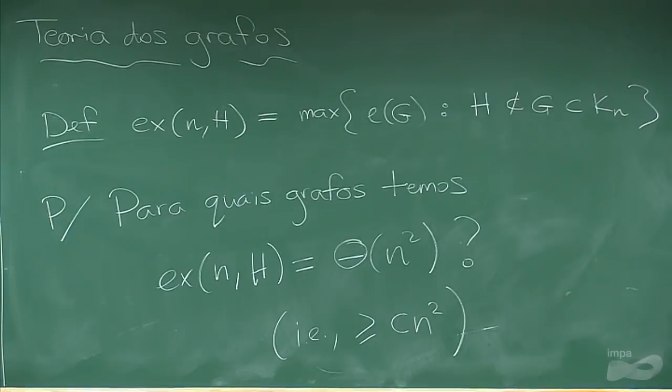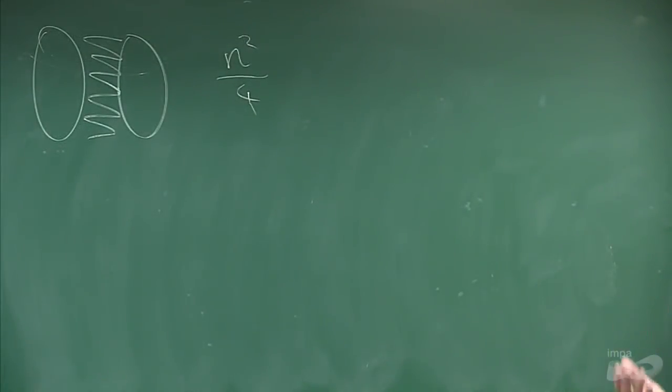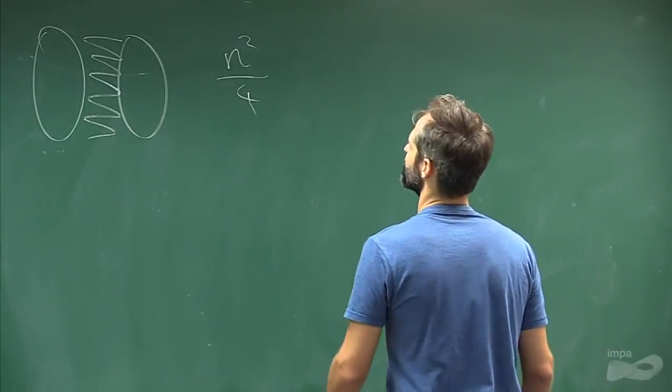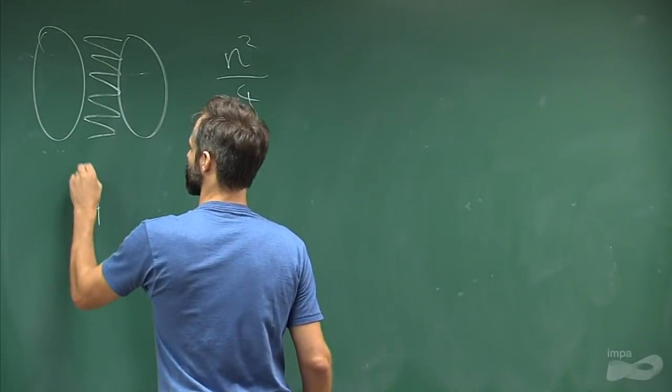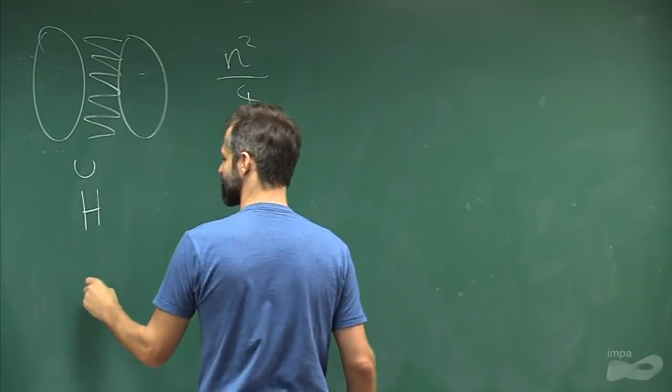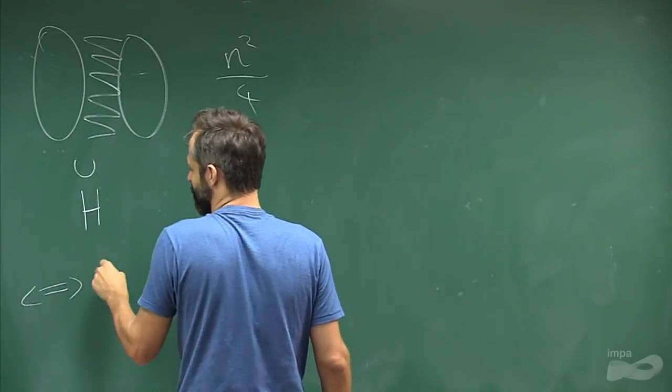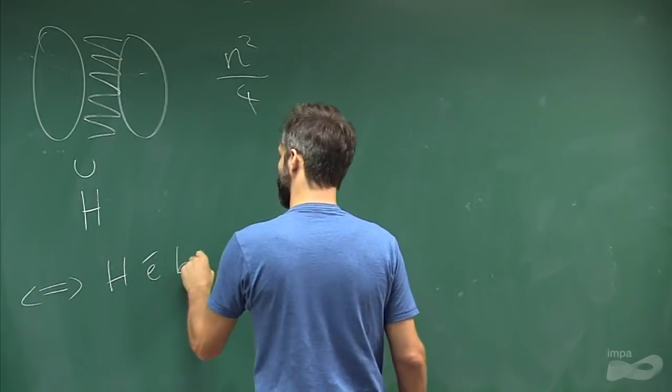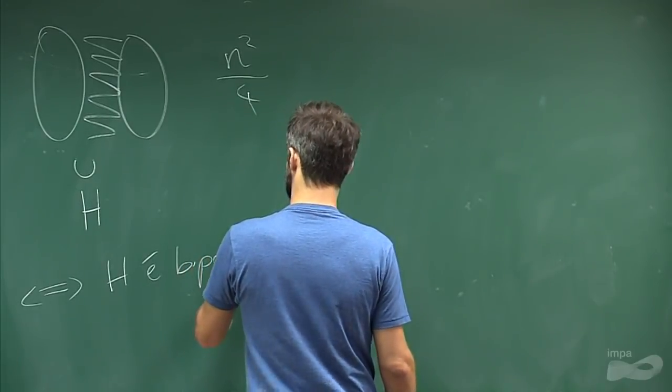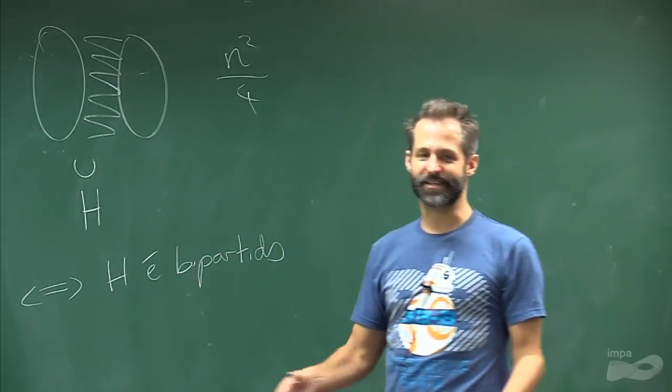So it avoids a triangle, it avoids a cycle of length 5, it avoids lots and lots of things. If H is contained in this, this is true. This is the definition of H being bipartite. A graph is bipartite if and only if you can partition the vertices into 2 parts, so there's no edges in either part.